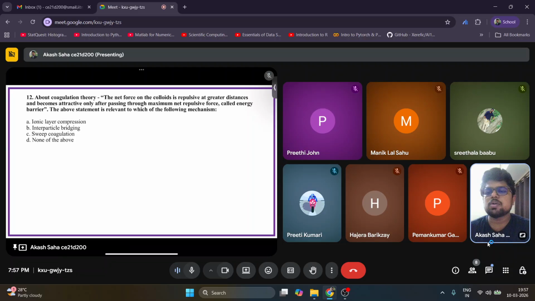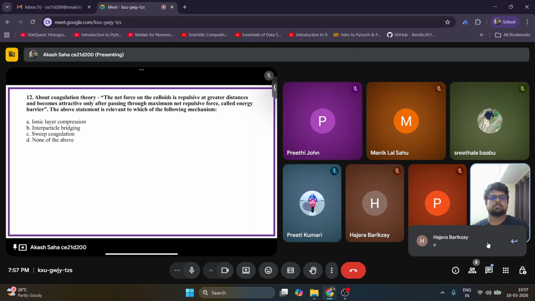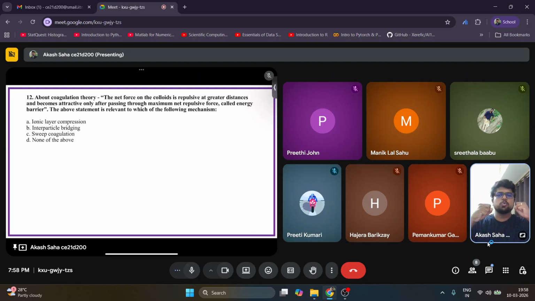Next. About coagulation theory, the net force on the colloids is repulsive at greater distances and becomes attractive only after passing through maximum net repulsive force, called the energy barrier. The statement above is relevant to which of the following mechanisms? So A, it is very obvious because what happens is, suppose two negatively charged particles are there, so they will be repelled, there will be electrostatic repulsion, when they are at greater distance.